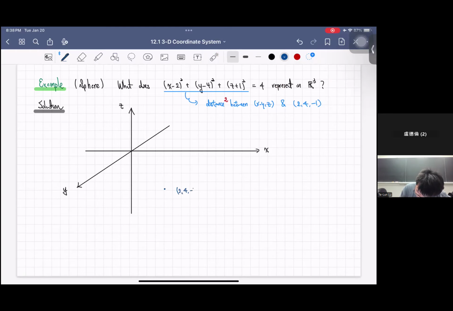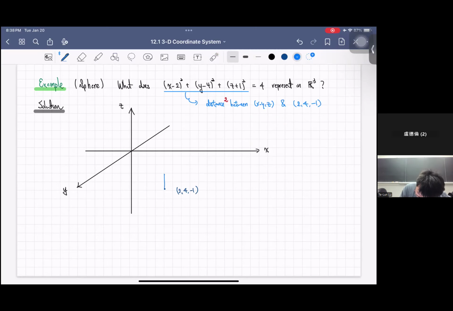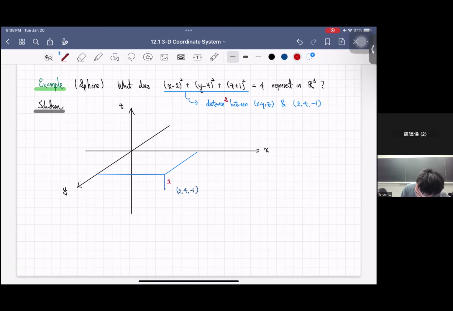(2, 4, minus 1). So if I draw it correctly, it looks like this. This is 1. This is 2, and this is 4. Okay.